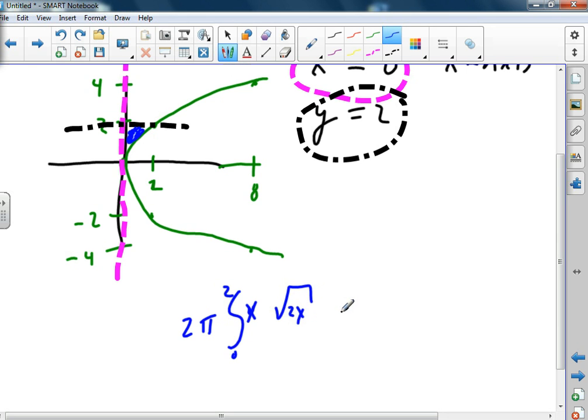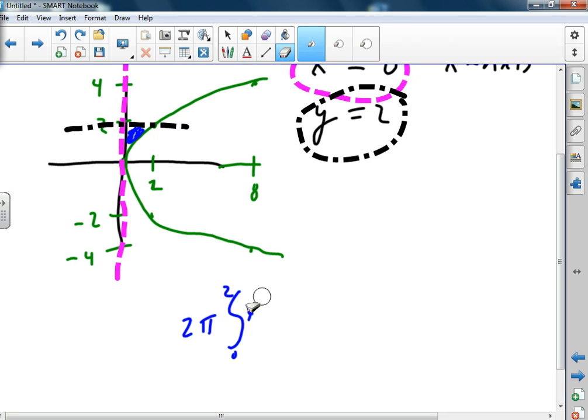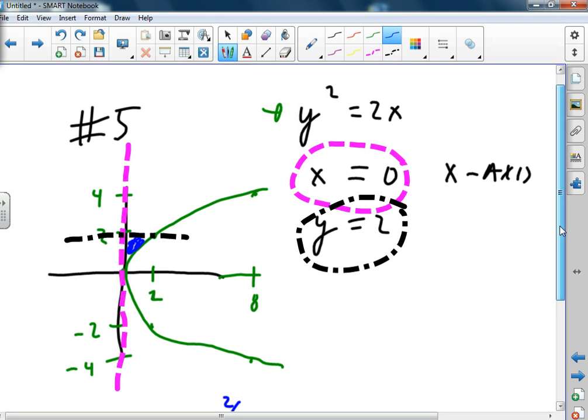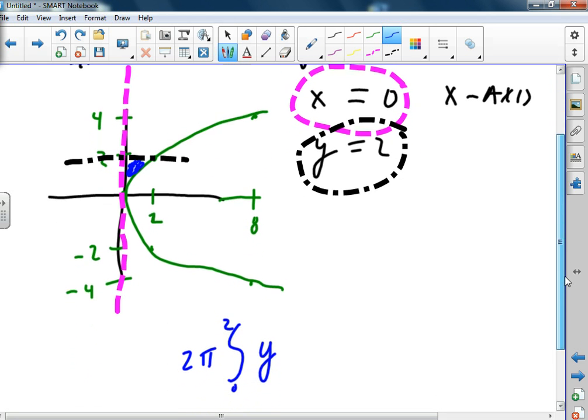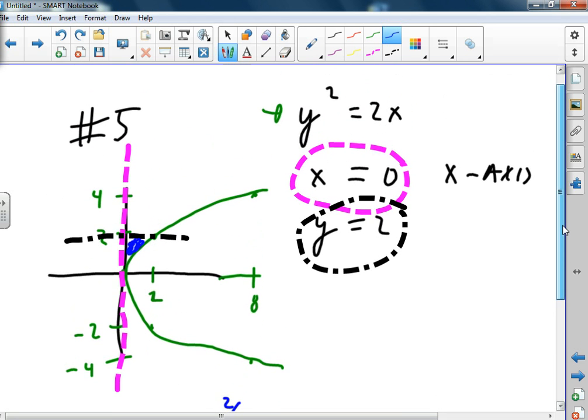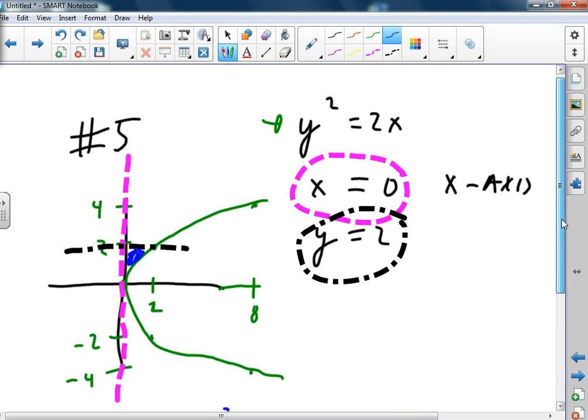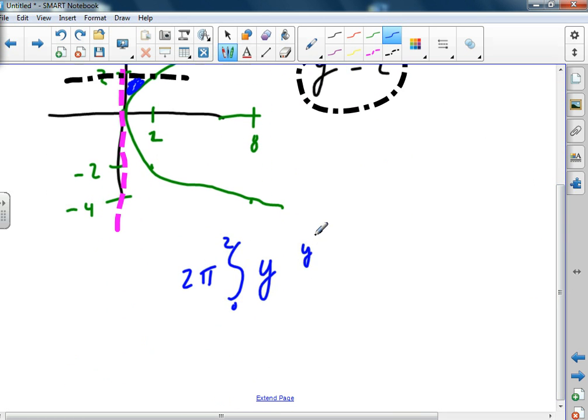Well, first of all, we're rotating around the x-axis, y of x, y squared over 2 dy.